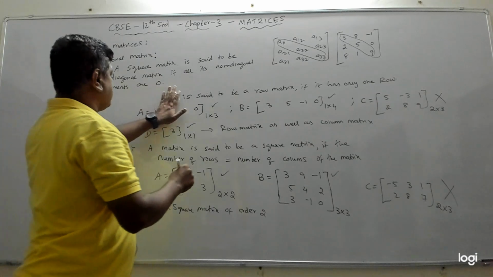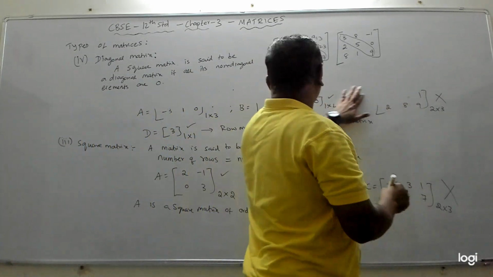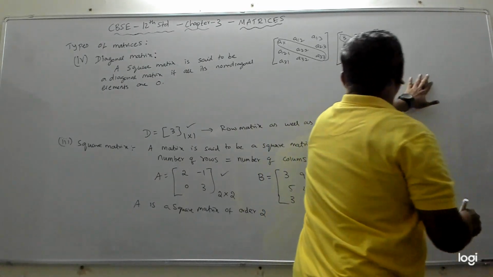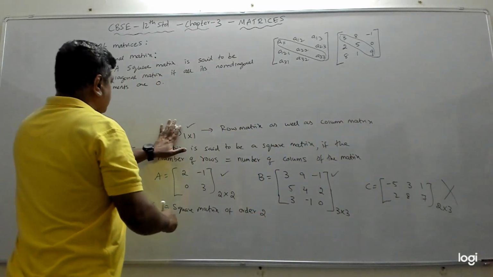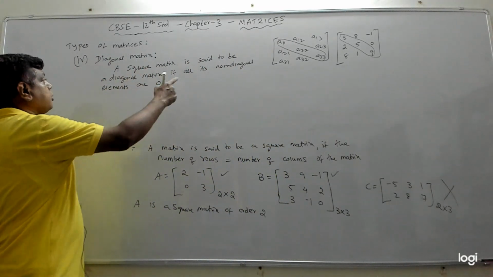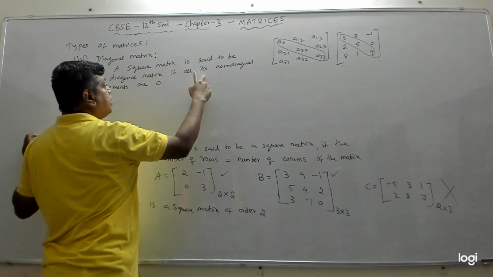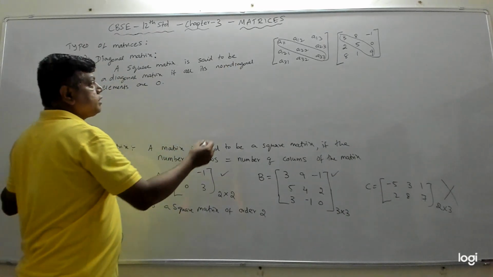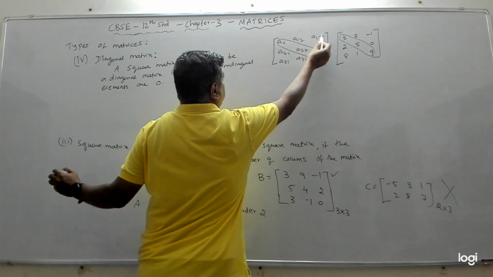In a square matrix, if all the non-diagonal elements are 0, the diagonal elements can be anything. Then we call that a diagonal matrix. So what are non-diagonal elements? These are non-diagonal elements. This one, this one.